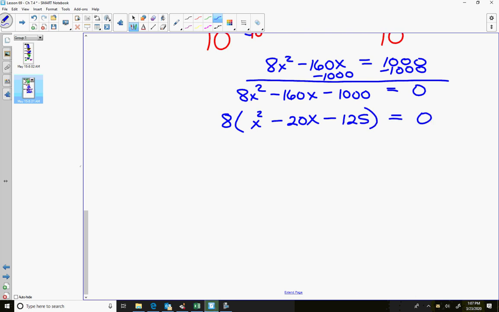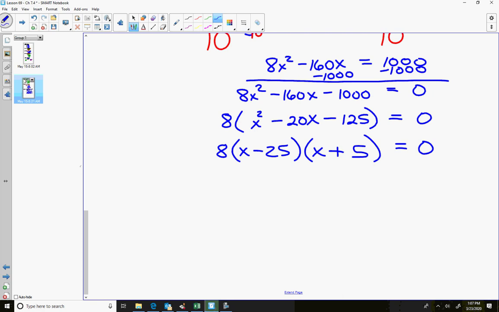Now, got 3 terms in parentheses. Looking for a perfect square trinomial. Negative 125 is not a perfect square, so that forces us to the general trinomial. Now for negative 125, that's pretty easy. It's got to be a 25 times 5. And since I'm looking for a negative 20x, it's got to be a minus 25 and a plus 5 would be the correct grouping.